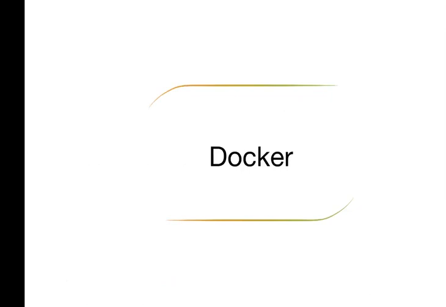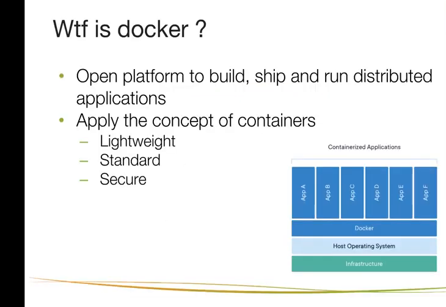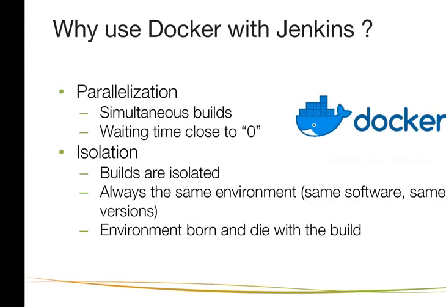Another thing that we introduced in Jenkins is Docker. Docker, I think everybody knows here, is basically containers. It instructs the concept of containers. It's lightweight, standard, and secure because it allows us to run applications in an isolated manner. So why do we use Jenkins with Docker? Basically because we can parallelize, we can have simultaneous builds, which means that you no longer need to wait 20 minutes for your build to start.